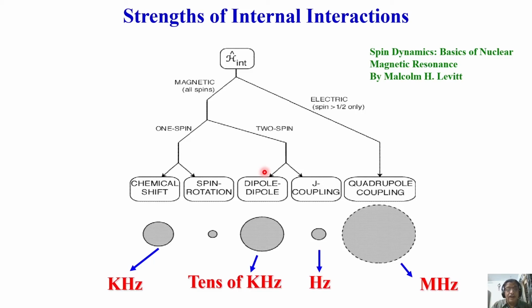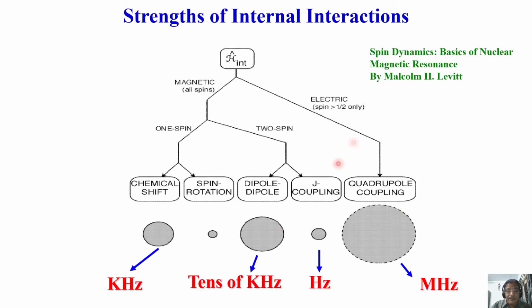It can be 10, 20, 30, 40 kilohertz, depending upon the orientation and the ordering. And chemical shift is of the order of a few kilohertz, 5 to 10 kilohertz, depending upon the type of nuclei. Or it can be very large. If you go to some exotic nuclei like cobalt and others, you can have about 50, 60 kilohertz, much more. Okay, so this gives a rough idea about the strengths of different types of interaction.